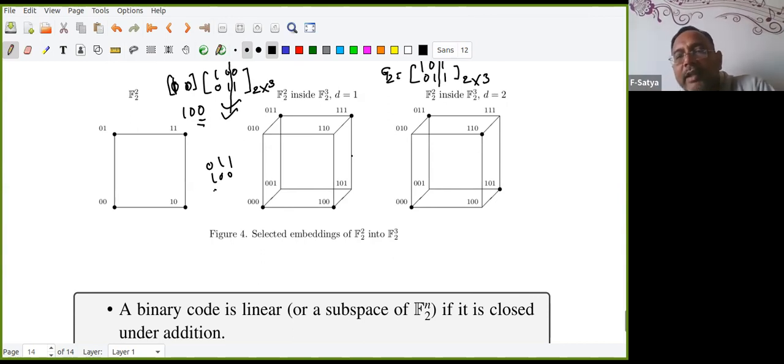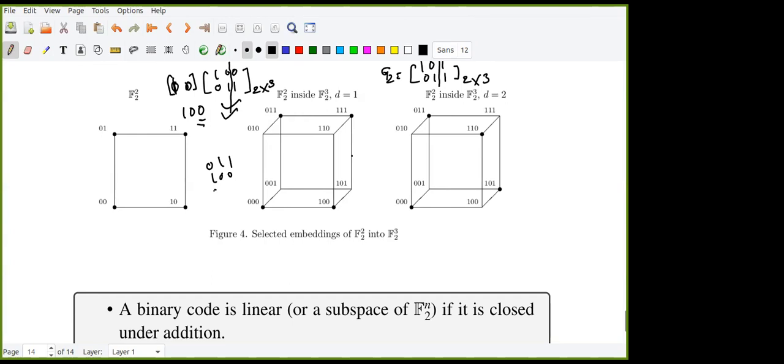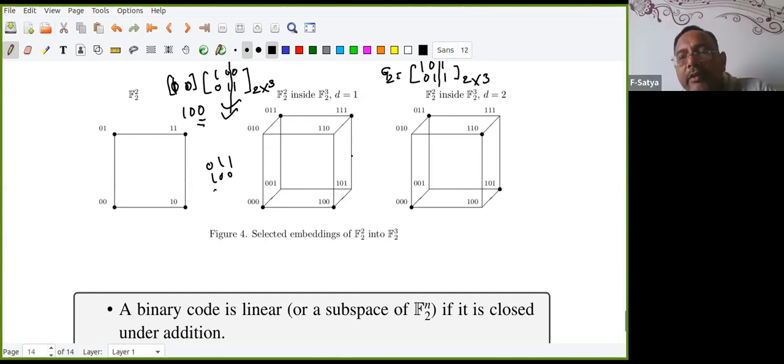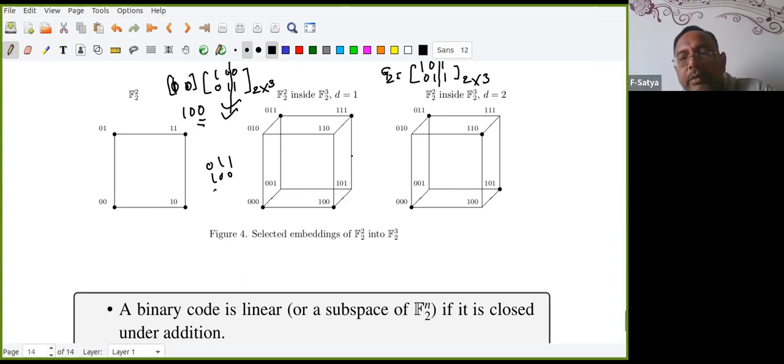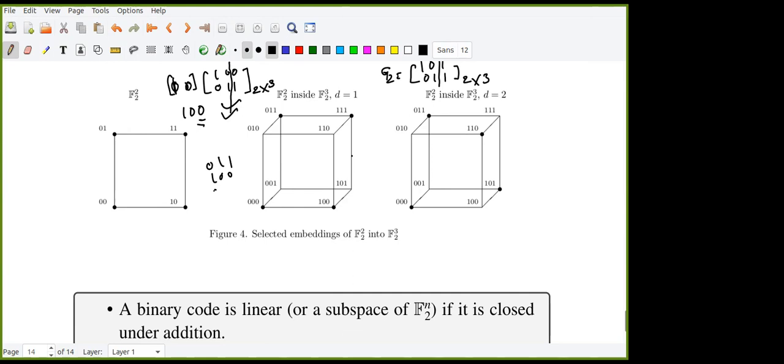Now what are the weights there? What is the weight of the zero vector 0, 0, 0? 0. What is the weight of 0, 1, 1? 2. What is the weight of 1, 1, 0? 2. 1, 0, 1? 2.